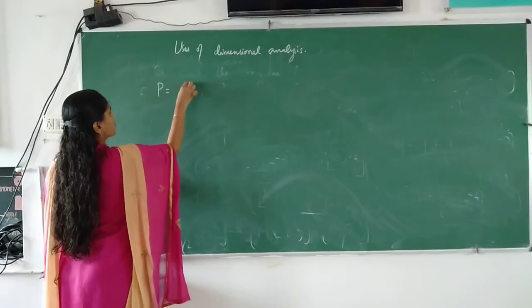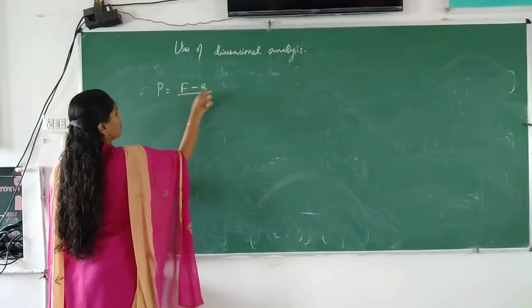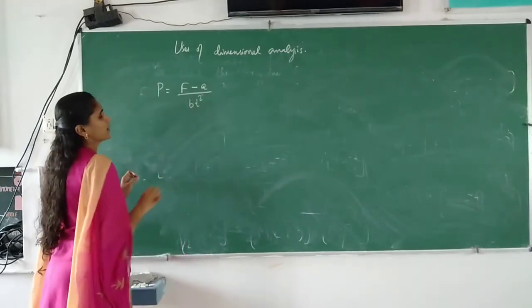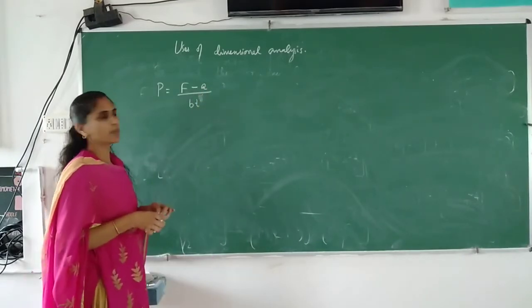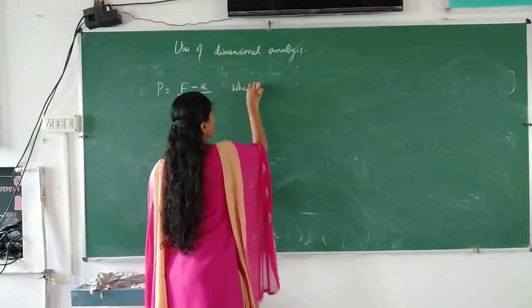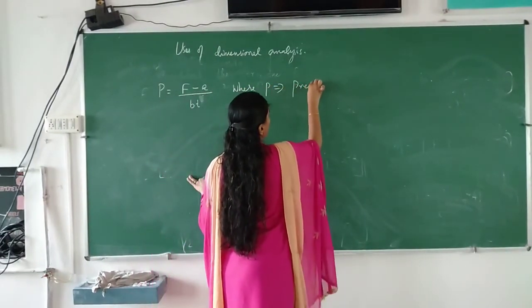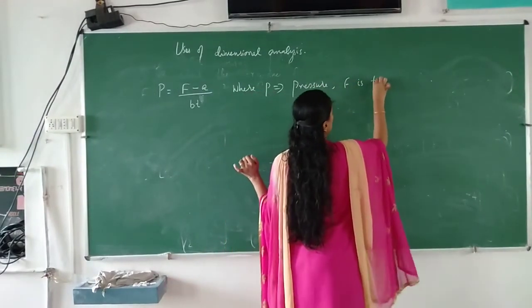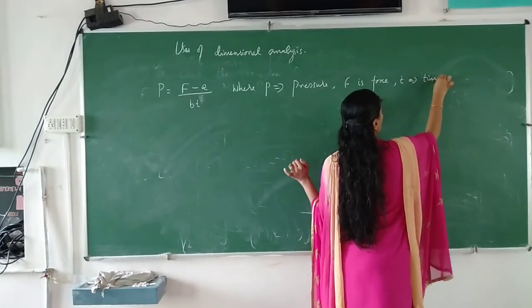P is equal to F minus A by Bt, where P is pressure, F is force, T is time.